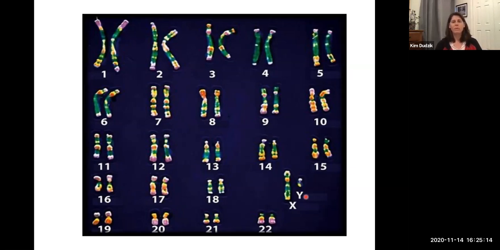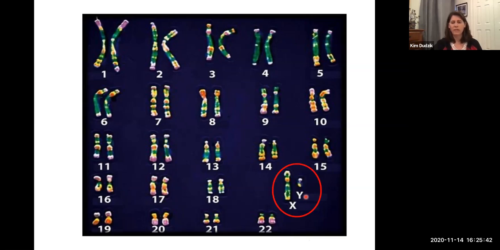If that Y chromosome is present and the genes turn on, and mainly it's called testes determining factor, which codes for genes to turn on testosterone, then at that embryonic and fetal stage, the tissues that would have developed into the female organs will then masculinize, we call that. They'll develop into the male organs.